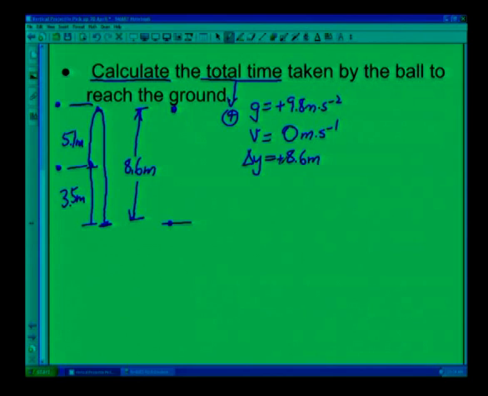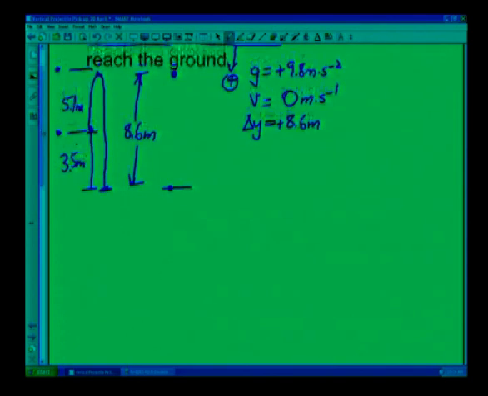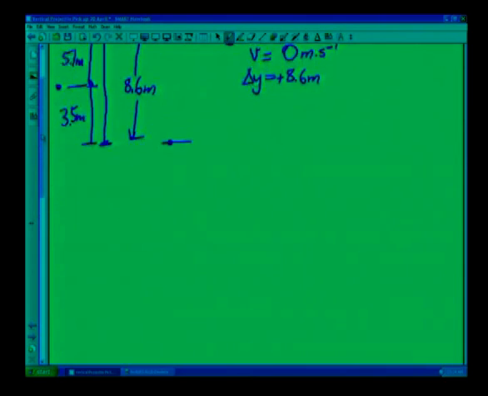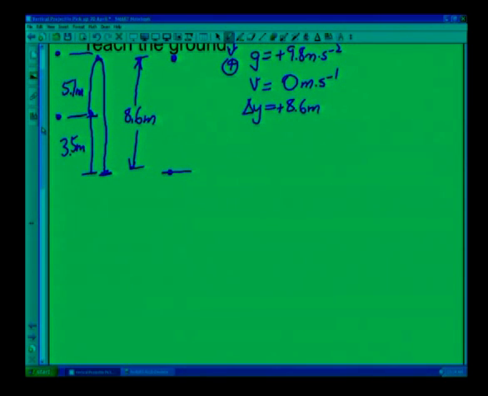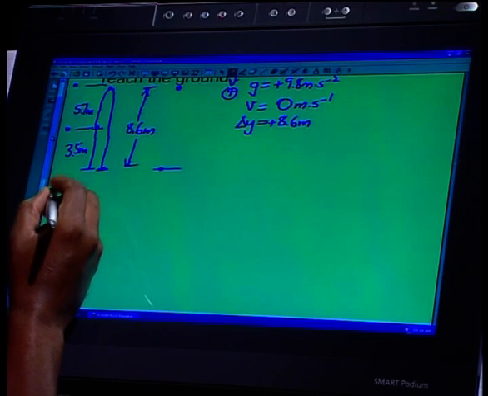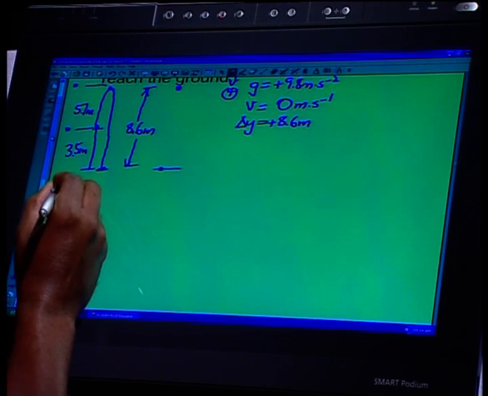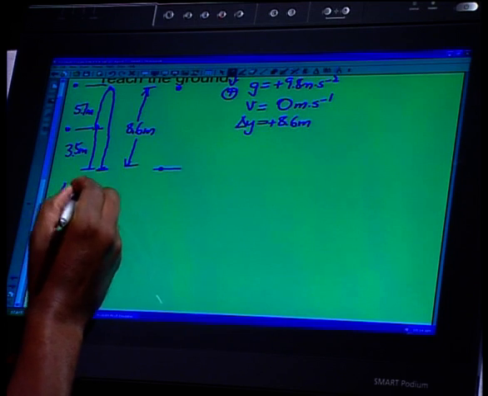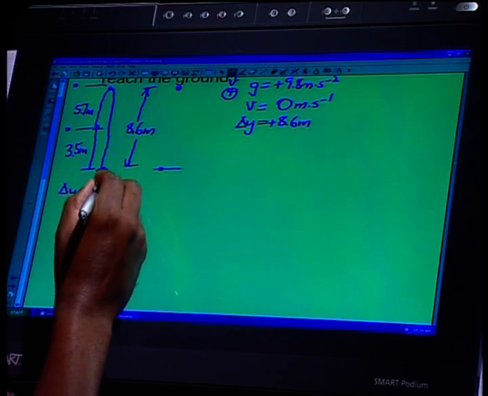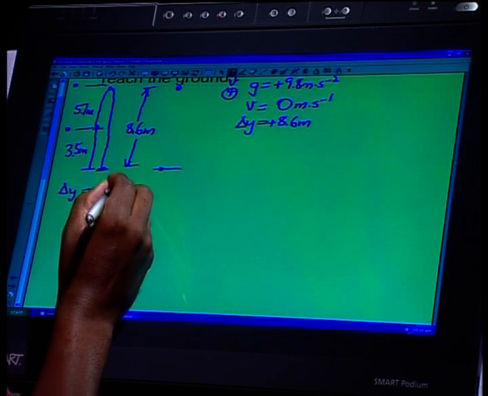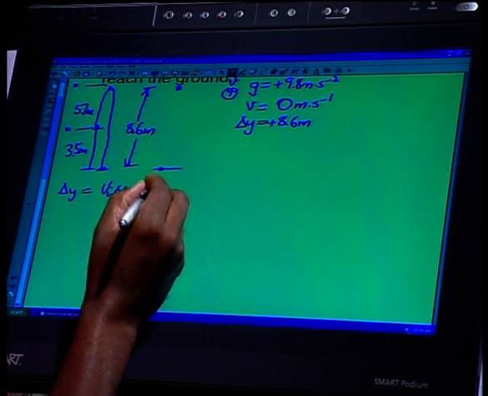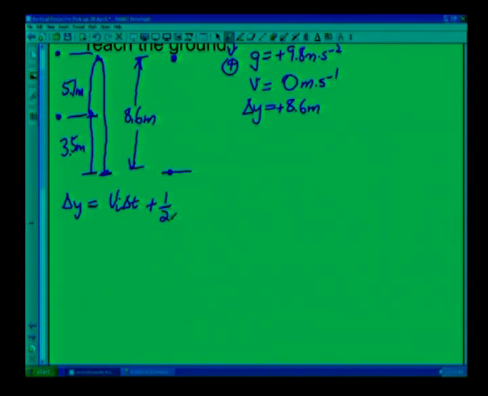We would use this equation here: delta y equals v initial delta t plus half g delta t squared.